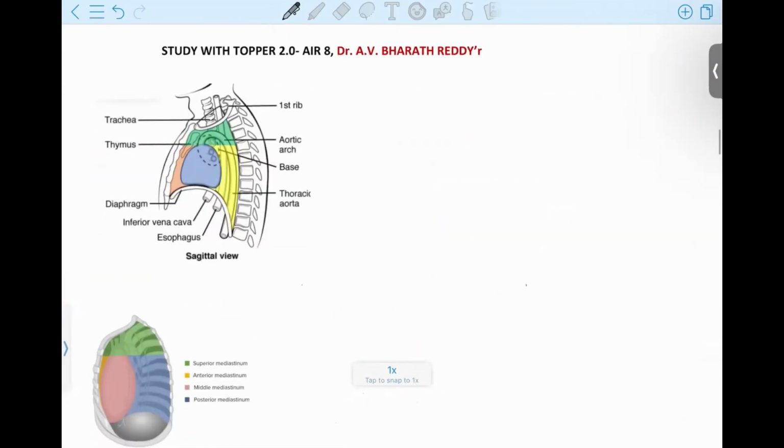Next, moving on to the mediastinum. The mediastinum and its contents are also very, very important. The mediastinum is divided into two types: one is the superior and another one is the inferior.